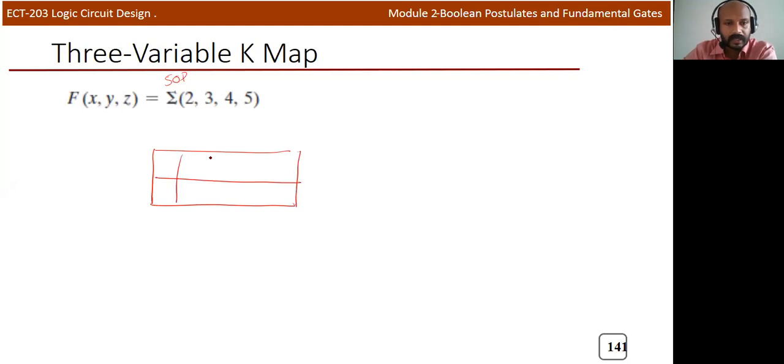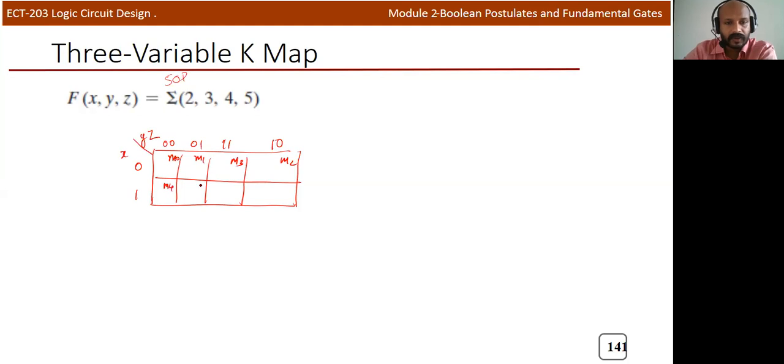So there will be 8 different cells. So x, y, z, and here x can vary 0, 1, y, z can vary 0 0, 0 1, then instead of writing 1 0 here, we'll write 1 1 here and then 1 0. Okay. So min terms will be m0, m1, m2, and m3.